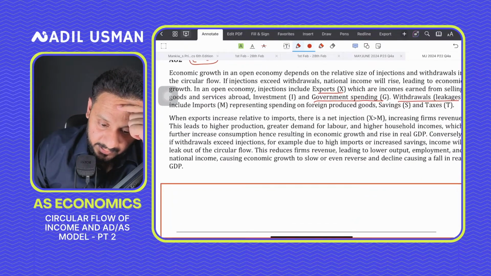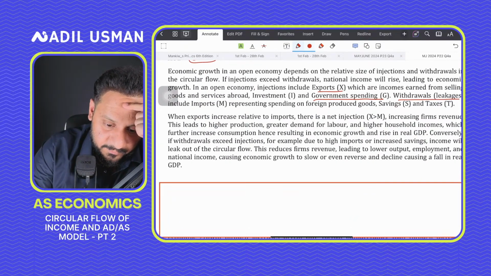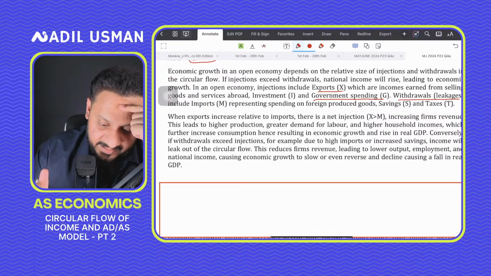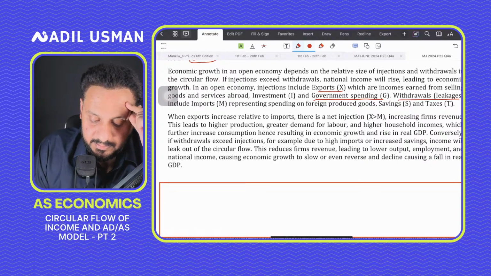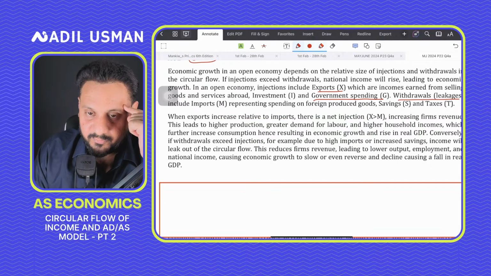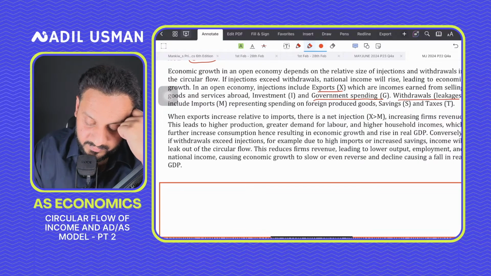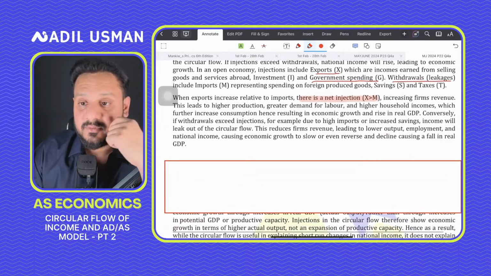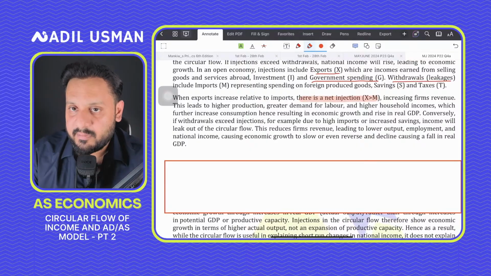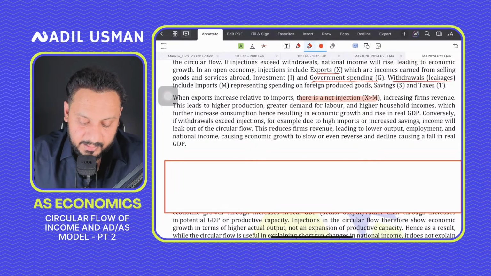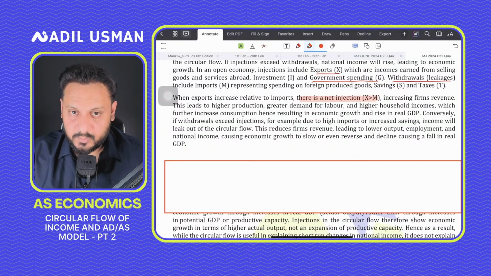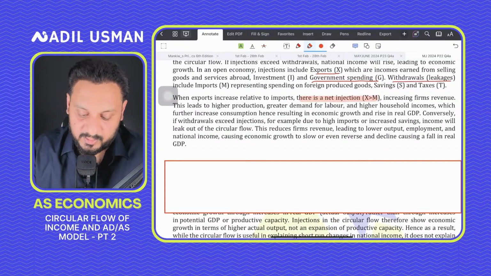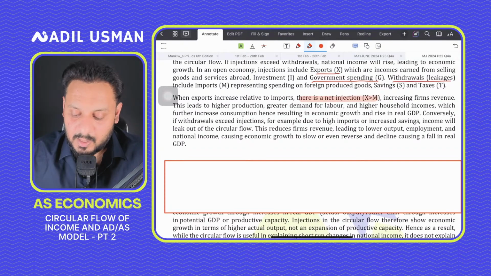So what will you say? You will say that when exports increase relative to imports, so you have more exports relative to imports, there is a net injection, which will increase firms' revenues. Firms would earn more revenues, they would earn more incomes, and this would lead to higher production, and higher production would force firms to hire more workers, so demand for labor will go up.